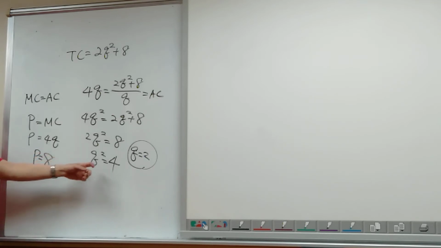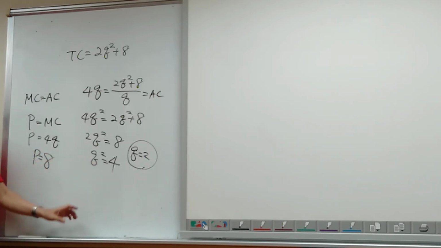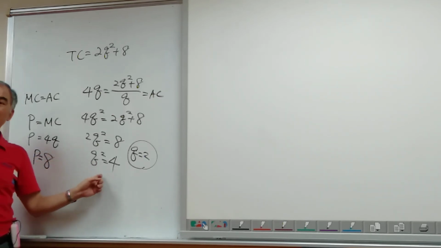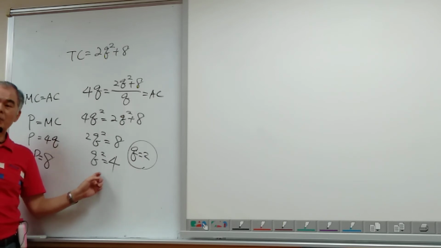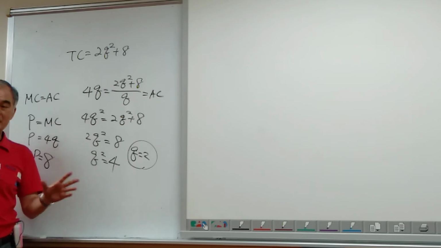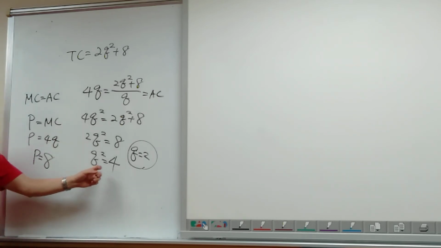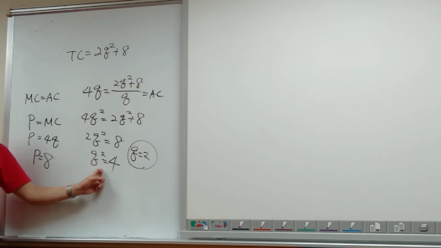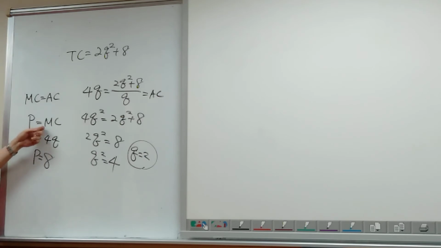From Q here, remember that this is for an individual firm. It's not for all of the market. The market quantity is different. So here you figure out the production level for the individual firm, and then we know that MC is equal to 4Q, so P is equal to 8.